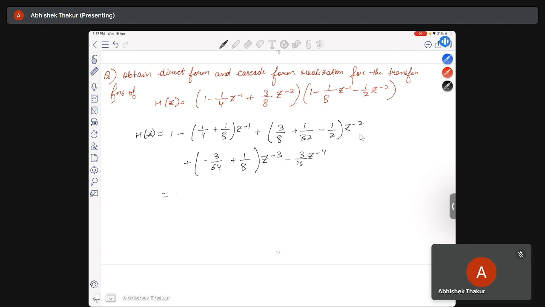So we will get 1 - 3/8 z^-1 - 3/32 z^-2 + 5/64 z^-3 - 3/16 z^-4.